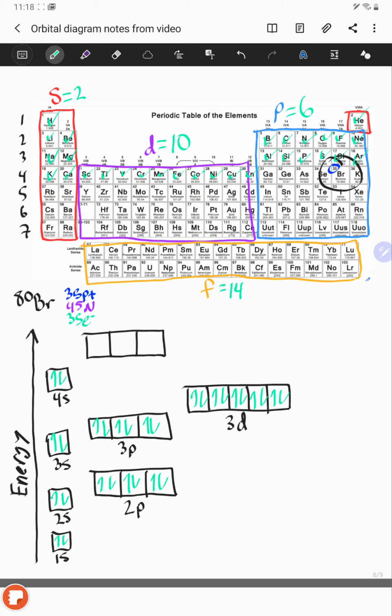All right, 3d orbital is now completely filled. And we are now moving on, going from left to right, as always. And we are now in the p orbital, the fourth energy level.